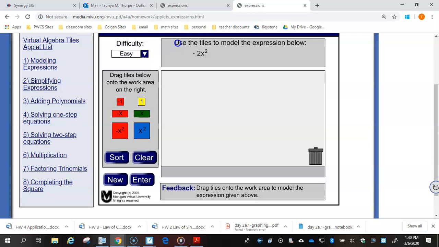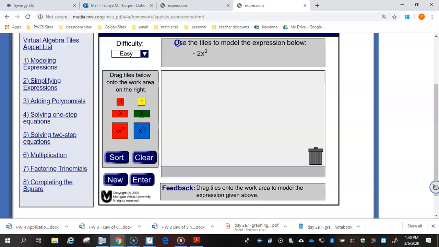So you have -1, -x squared. And then the colorful ones are the positives: +1, +x squared. How would we represent -2x squared? Two of the red, negative.